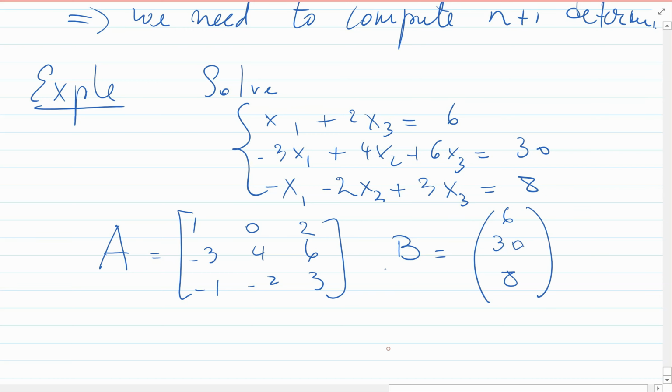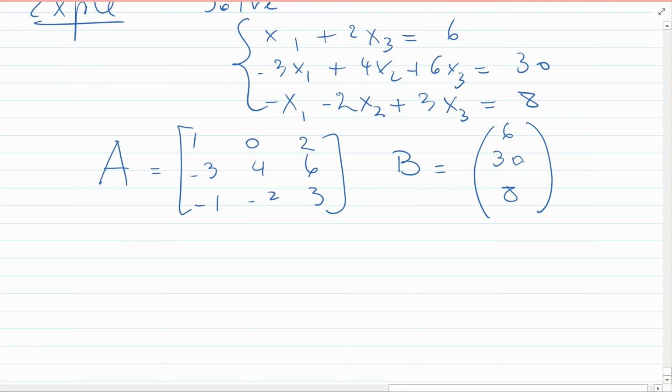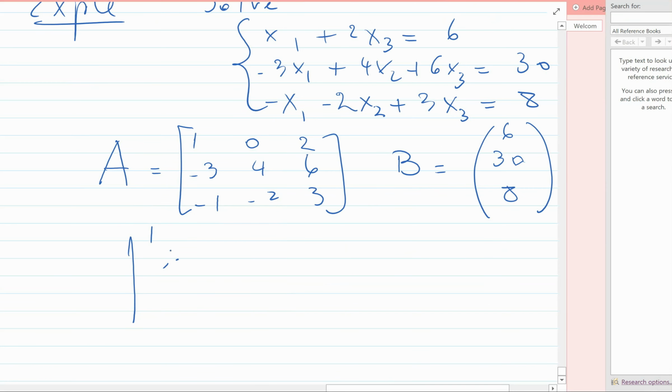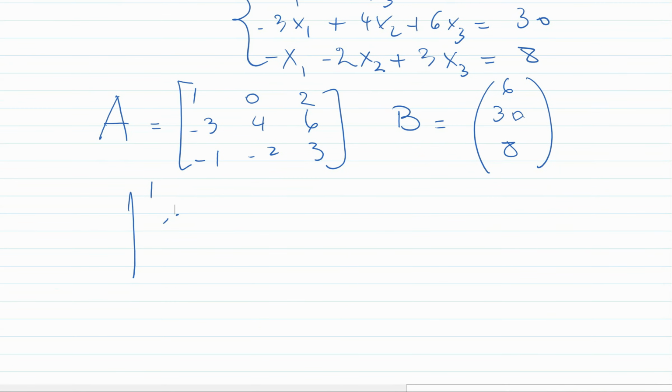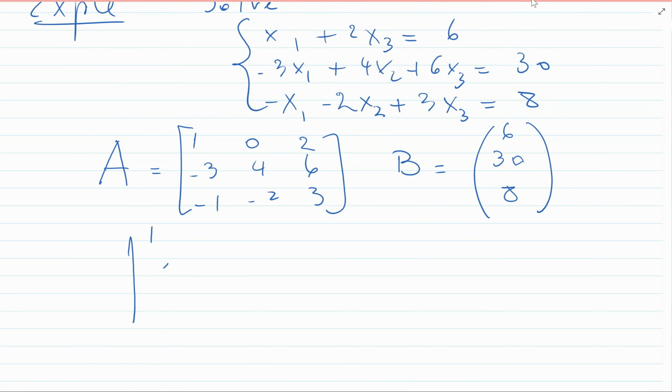So if we compute all the determinants, first we go for the determinant of A: 1, minus 3, 1, 0, 4, minus 2, 2, 6, 3.